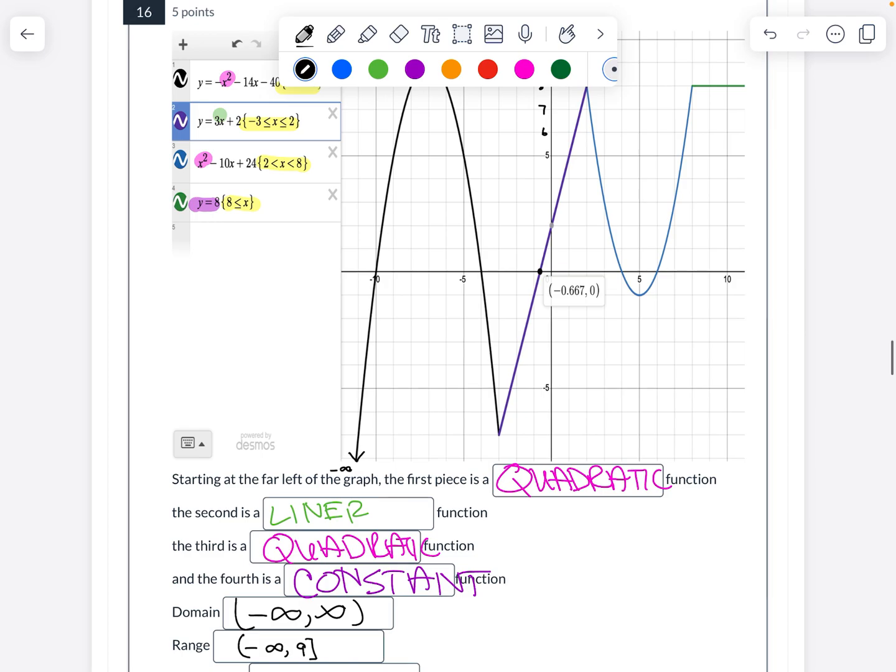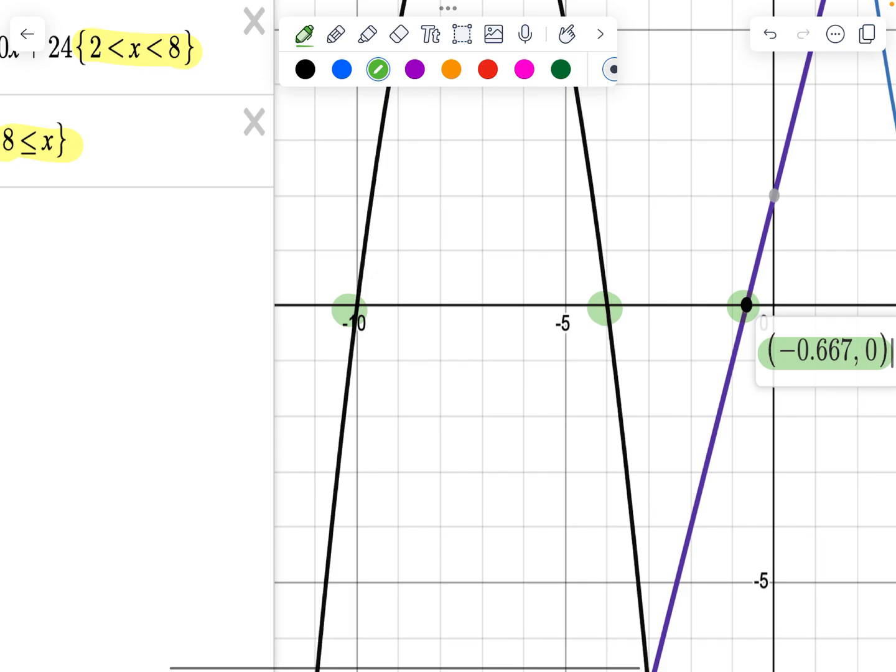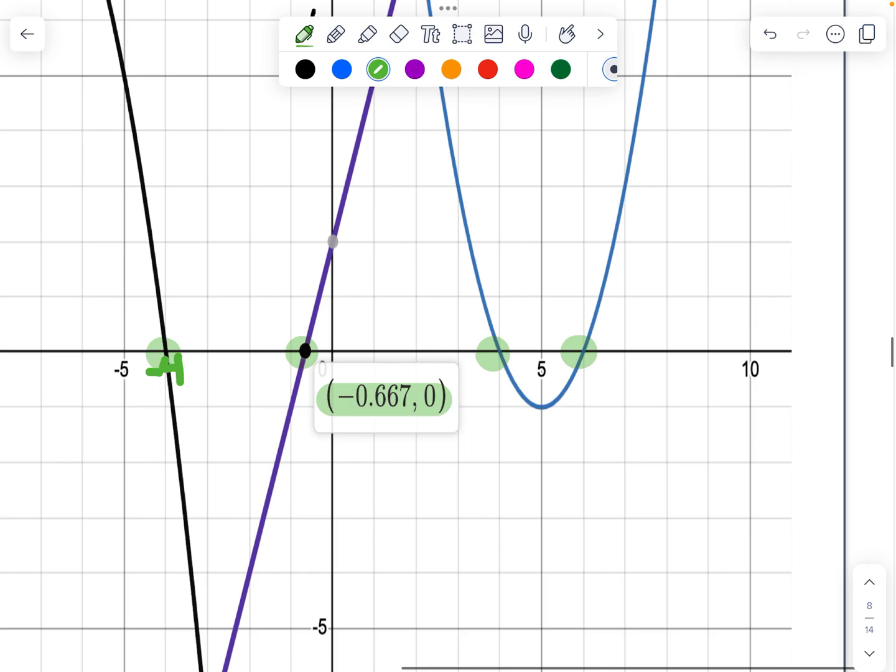Okay. The intercepts are... let's get a bigger dot. There's an intercept here, here, here, which I gave to you because it was ugly, here, and here. So what are those numbers? Those numbers are -10, -4, 4, and 6.